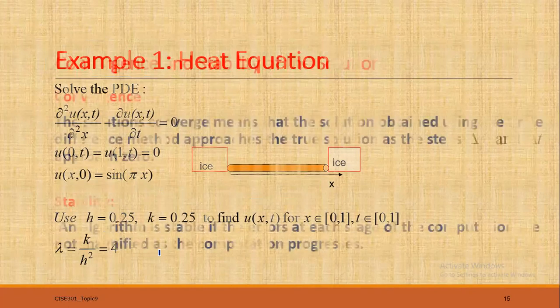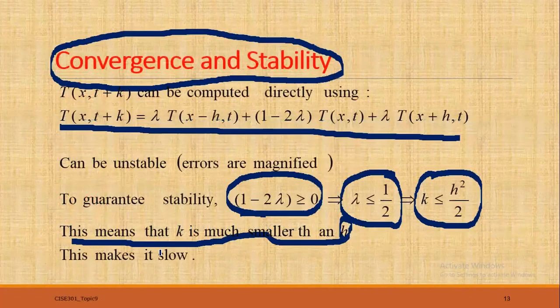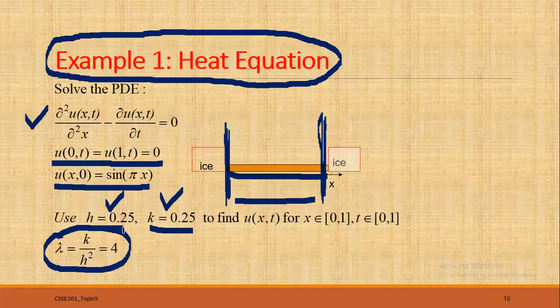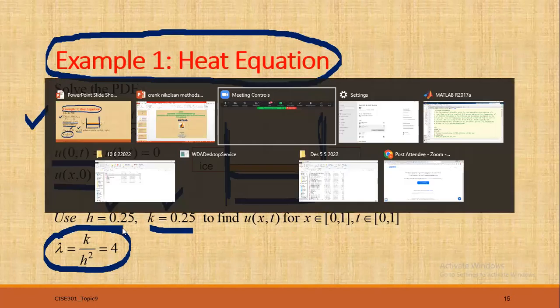But we know that for convergence and stability of this method, lambda must be less than or equal to 1/2. So in that case, obviously we can't get the accurate answer. We can't get the approximate solution. So we see this in our Matlab program.